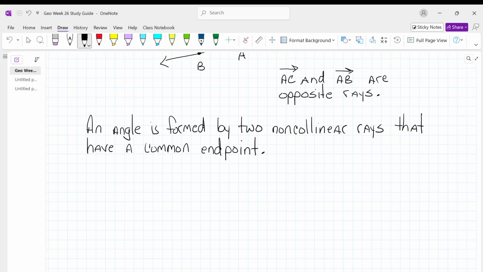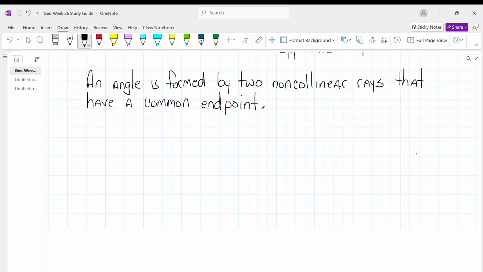All right, non-collinear means not on the same line. So if we're going to draw an angle, it's formed by two non-collinear rays.